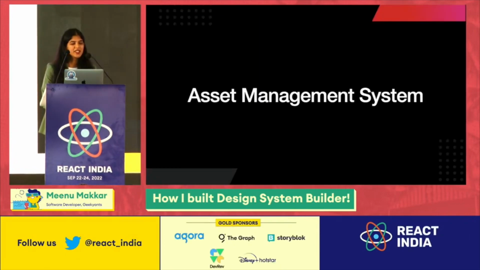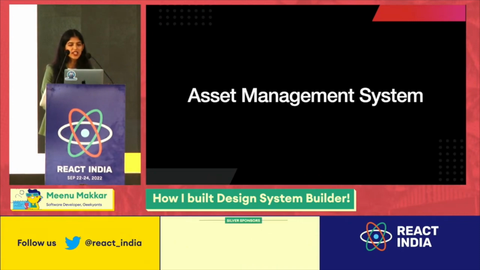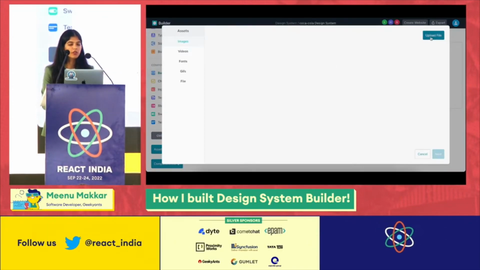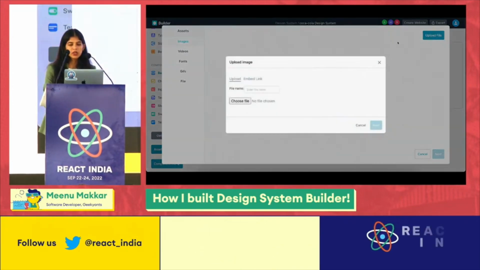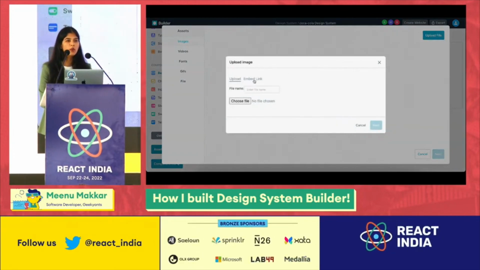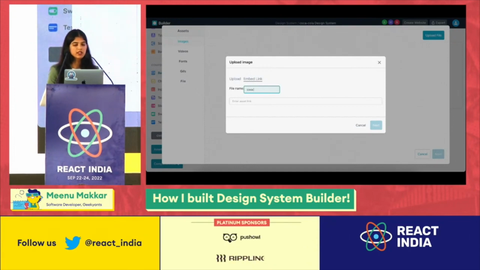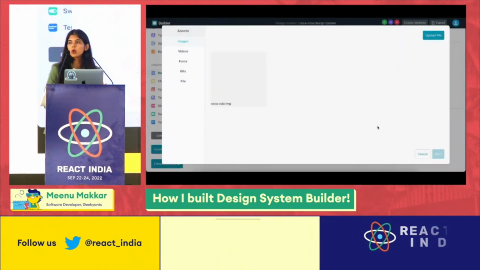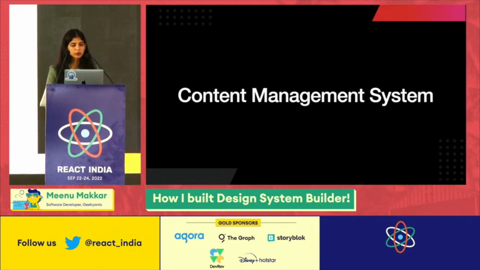Yeah. Every brand design system has a few assets, like logos of different contrasts, illustrations, or any other files like font files that they want to keep in the design system assets. We have an asset management system to handle those cases.